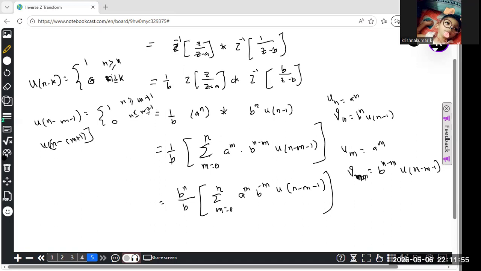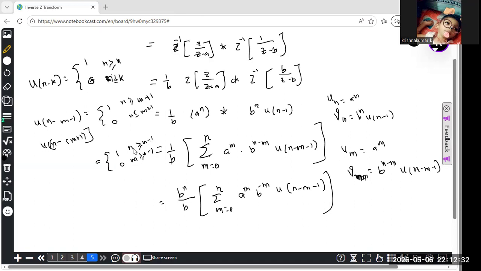Here again we can rewrite this expression as 1 when n is greater than or equal to m plus 1. You bring this 1 to the left side, so m is less than or equal to n minus 1, and 0 when m is greater than n minus 1.